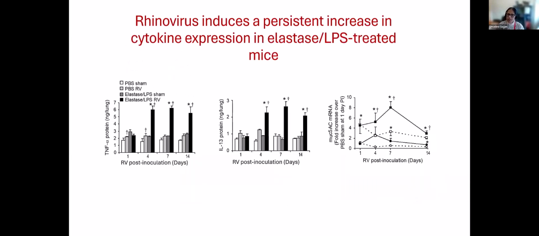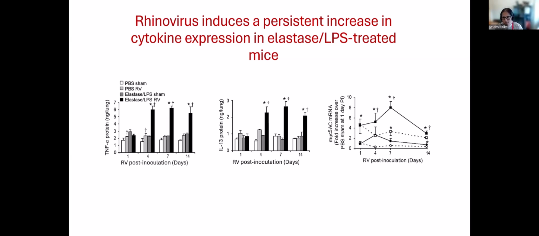Next slide, please. We then examined whether increased viral load increases inflammation. We measured TNF alpha and IL-13 protein levels in the lung homogenate supernatants of these mice, and we found that levels of both TNF alpha and IL-13 are significantly increased in elastase LPS treated mice infected with rhinovirus.